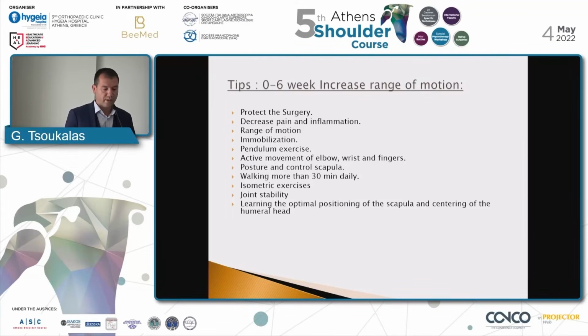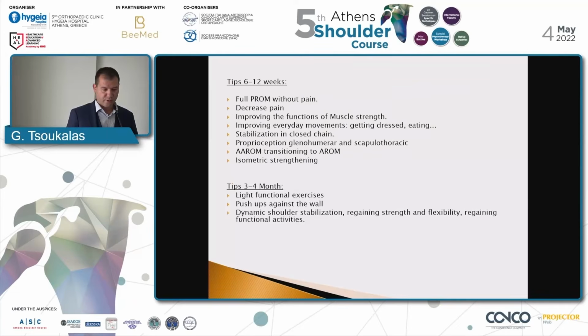We have to know that to decrease pain and inflammation, increase range of motion: immobilization, pendulum exercise, active movement of the elbow, wrist and fingers, posture and control of the scapula, walking every day for at least 30 minutes, isometric exercise, joint stability, learning the optimal positioning of the scapula and centering of the humeral head, which is very important.